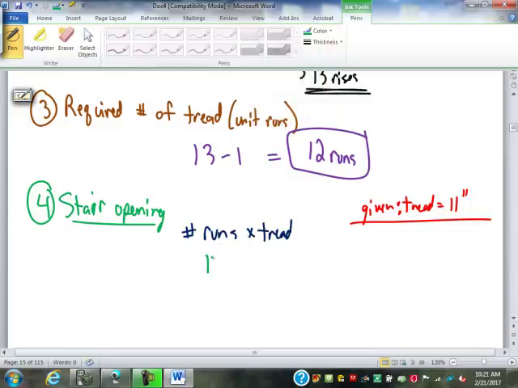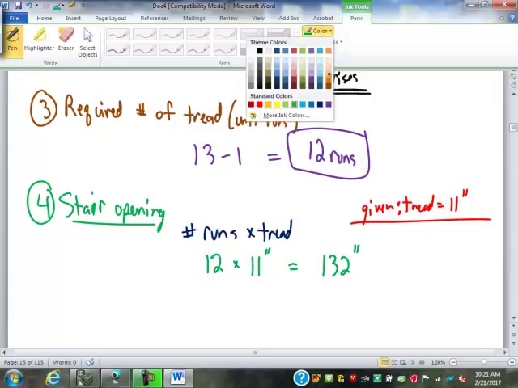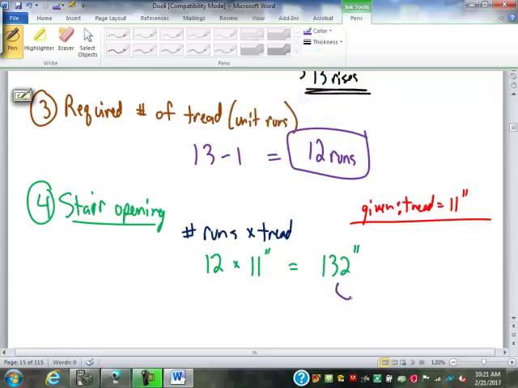So we have 12 runs times 11 inches, which gives us 132 inches. Yay. Otherwise known as 11 feet. Is our stair opening.